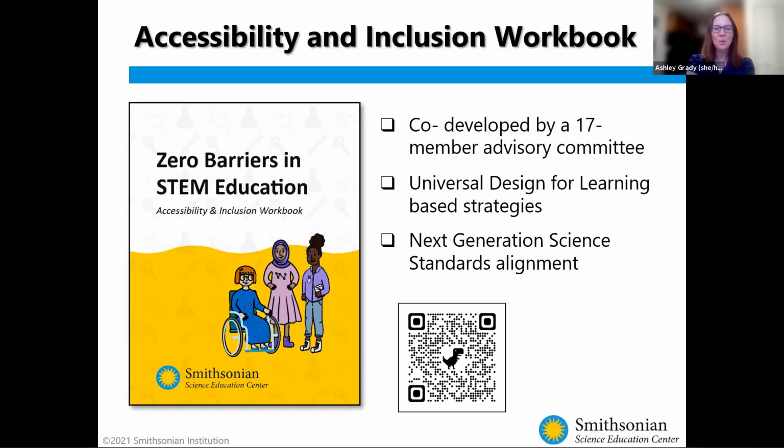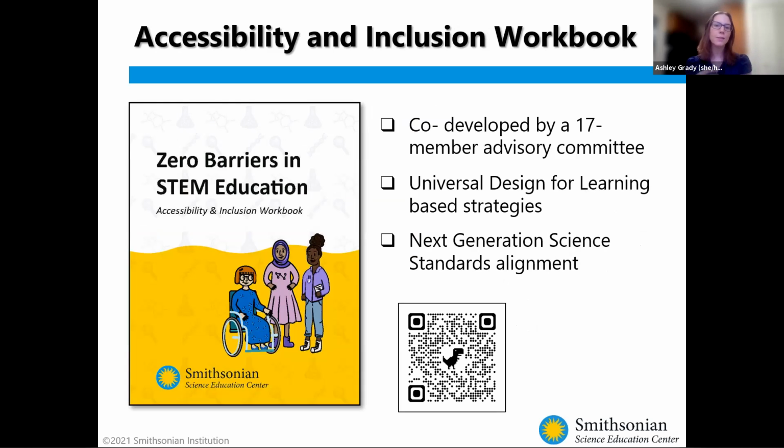Thank you. So on the screen, you can see a copy of another amazing resource, which thank you, Cody, for dropping the link in the chat. And you can also scan the QR code. On the screen is an image of the cover of the Accessibility and Inclusion Workbook, which was created by the Zero Barriers team. This workbook, which is available for download, is fully accessible.